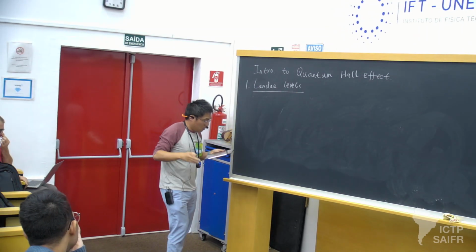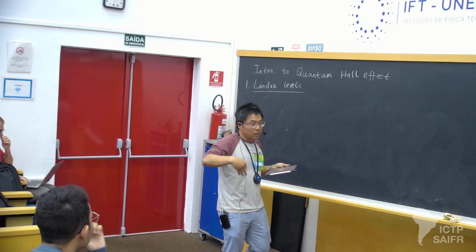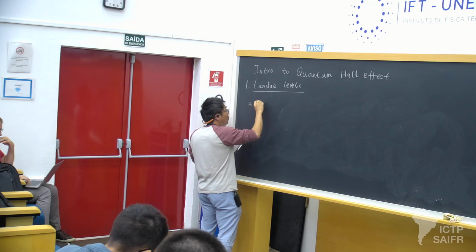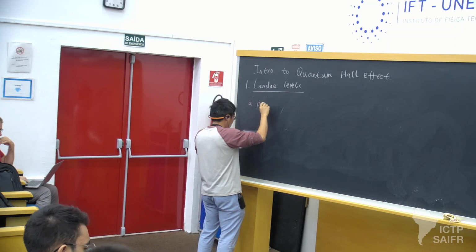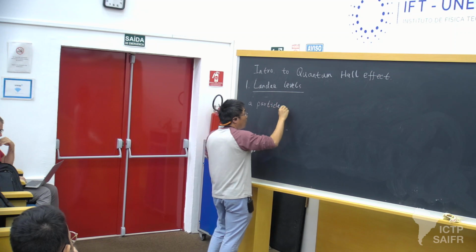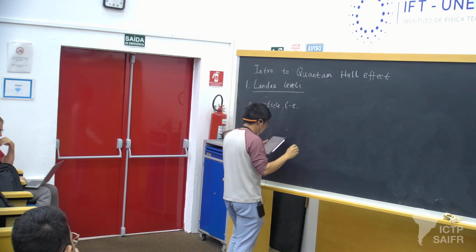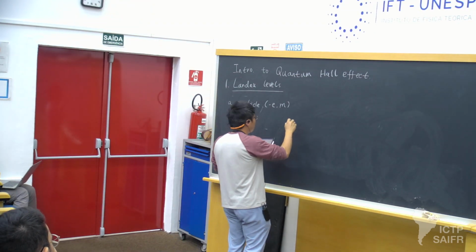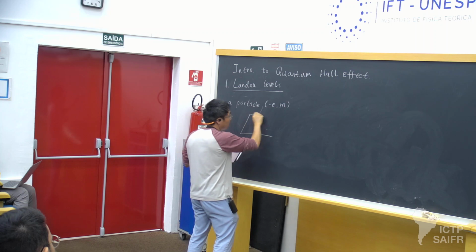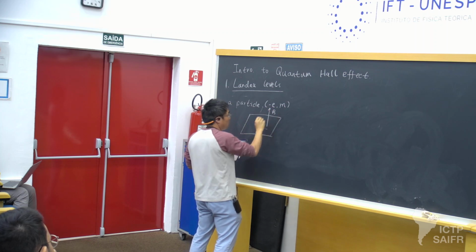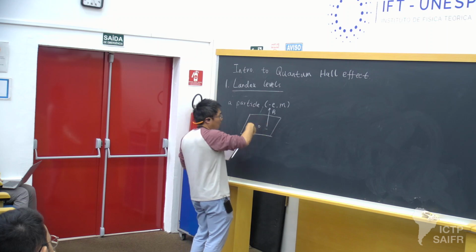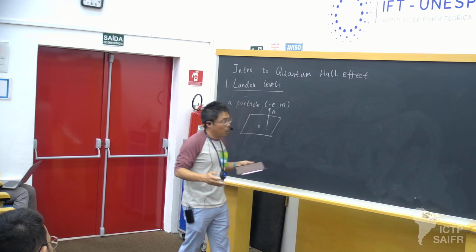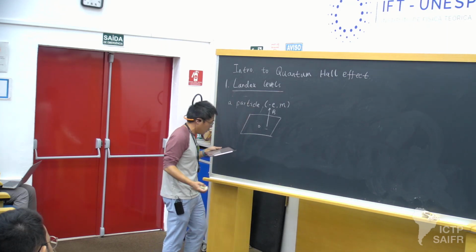So again, now we want to consider just these electrons. Let's say we have a particle, which is an electron in my case, that carries charge minus E and with mass m, right? And it's moving in the presence of a B field. So I do have an electron just moving in the presence of this B field, and now we want to deal with a quantum mechanical version of that, right?